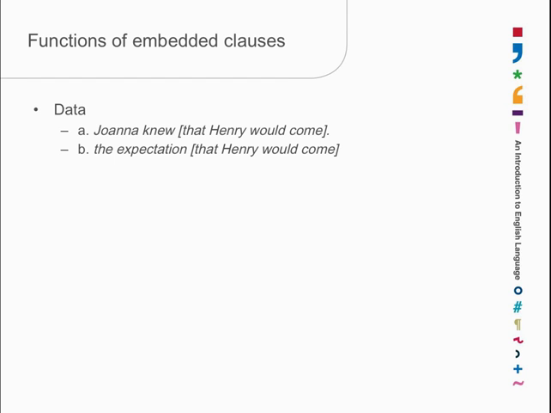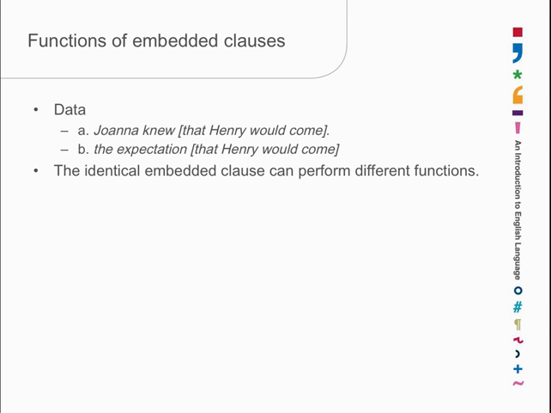So even expectation ends up having, as a modifier, the sort of object that expect would have. And again, notice something we've pointed out repeatedly. The same structure, two different functions. In A, direct object, in B, modifier in a noun phrase.